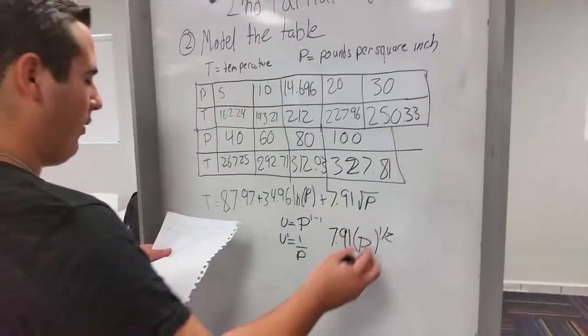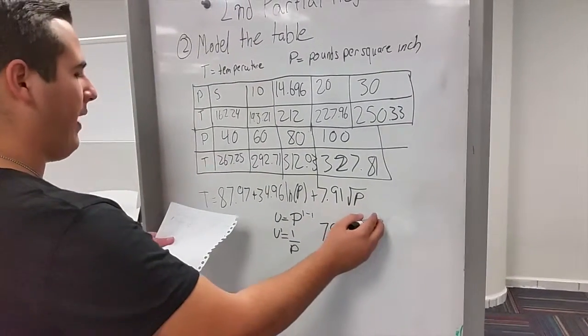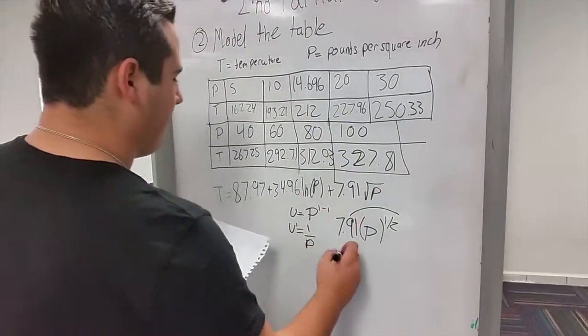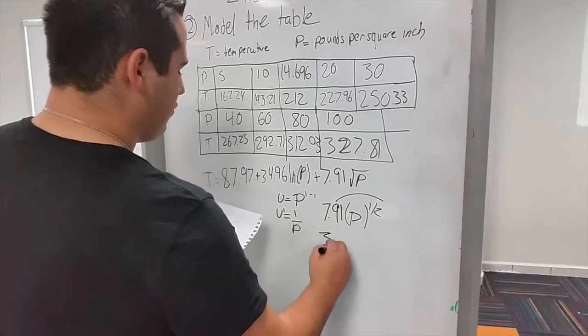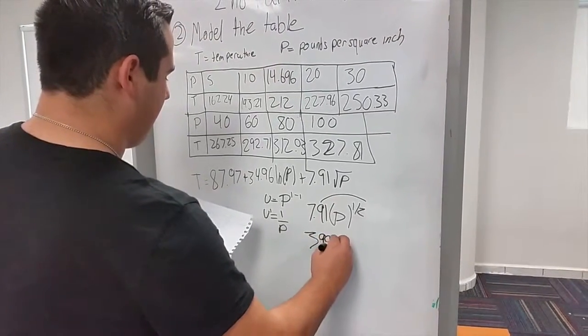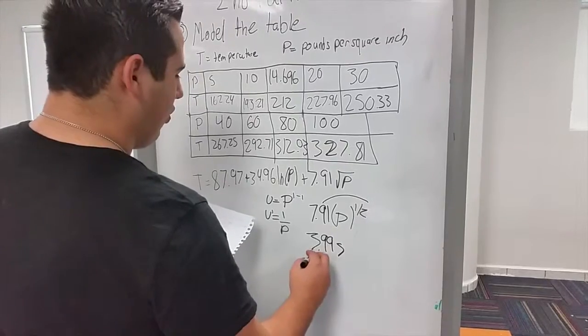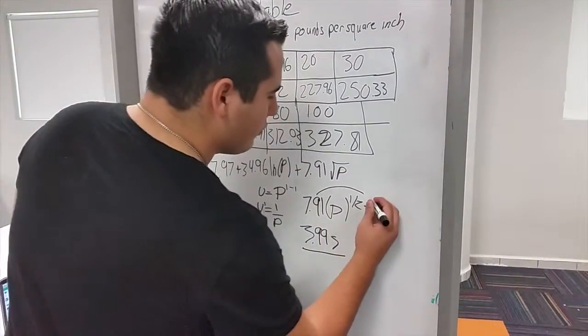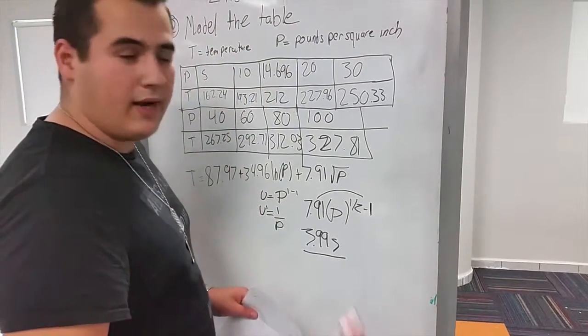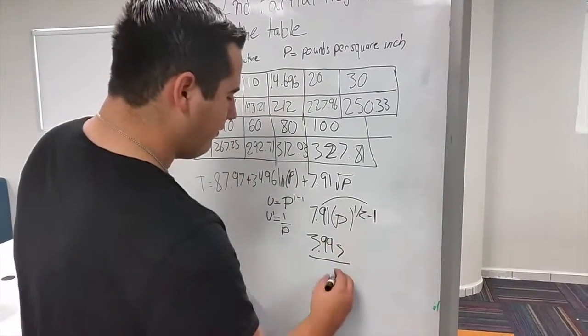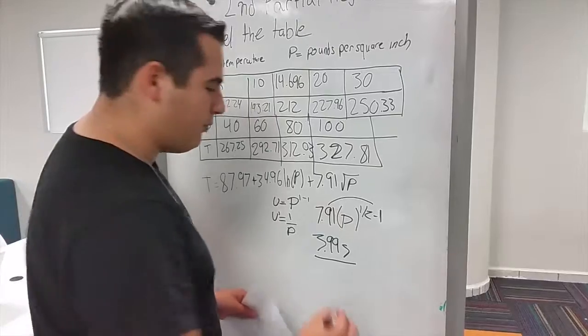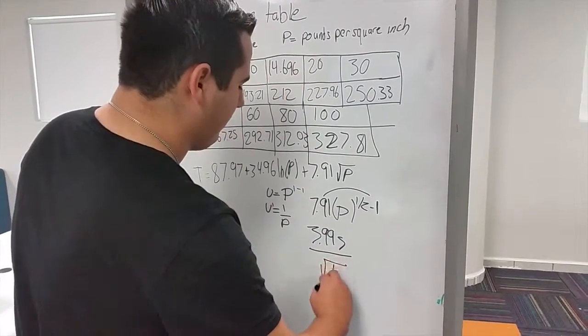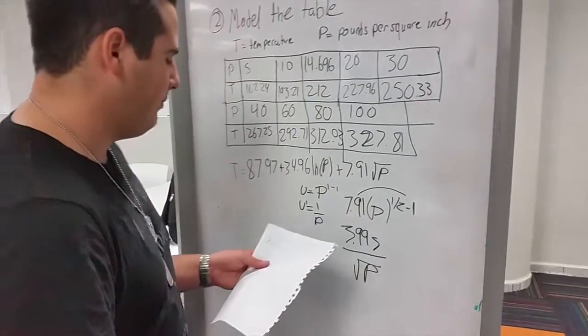Now you pass this 1/2 down, multiplying, which gives us 3.995 over the square root of P, because the exponent becomes negative 1/2, and when you pass it down it turns positive, giving a square root of P.